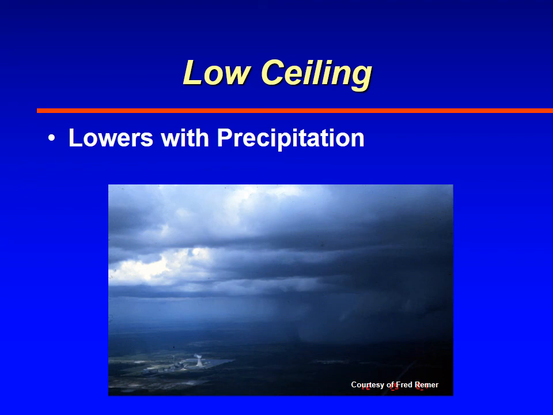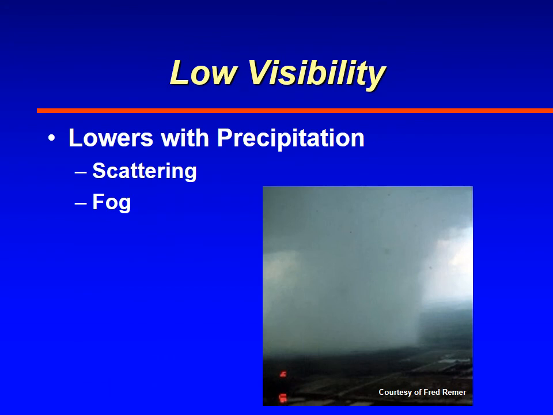After precipitation starts falling, you'll find that that commonly happens in areas that are very humid, such as Florida and the Gulf Coast. So fog can happen very quickly. The onset will be as soon as the precipitation starts falling. So that's a problem.